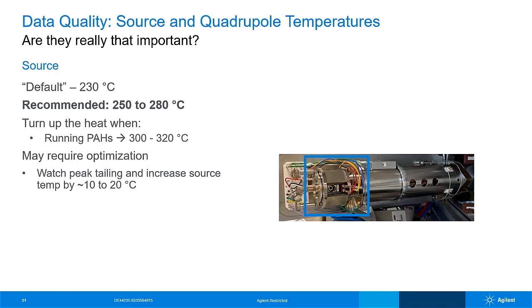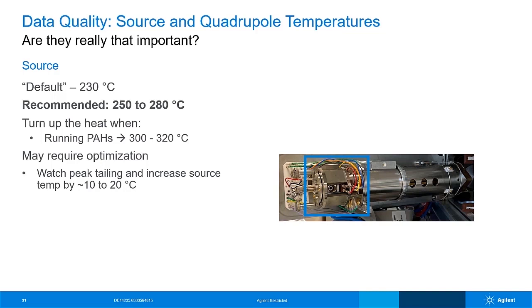Depending on your sample, a source or quad that is set too low in temperature can cause compounds to stick to the lenses in the source and reduce your signal, or increase peak tailing, or both at the same time. So for the source, the default is 230 degrees Celsius, which is good for volatile organic compounds and some other applications that use headspace samplers.